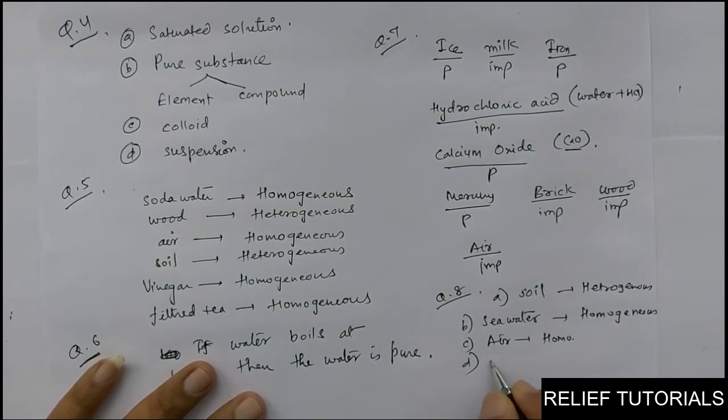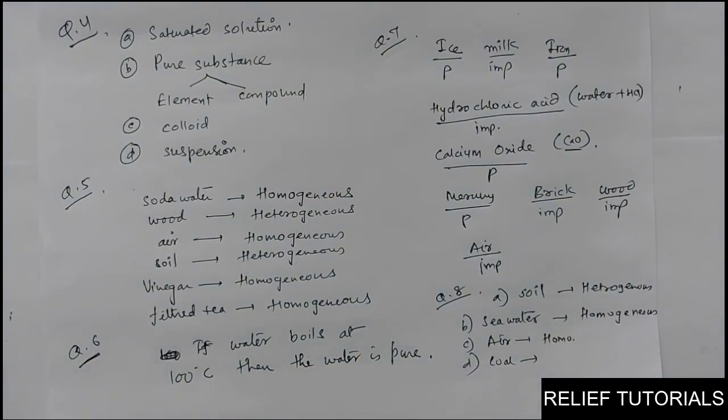Then it is coal. So coal also has carbon, sulfur, nitrogen, oxygen present in it.